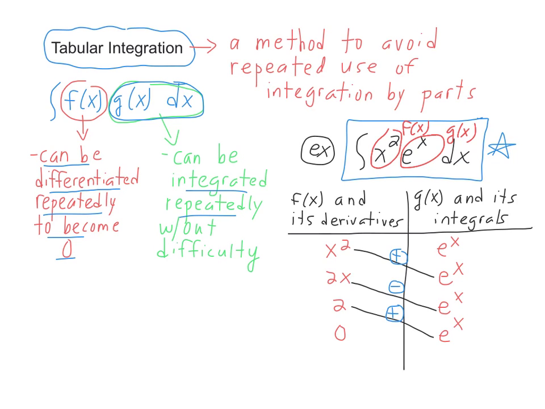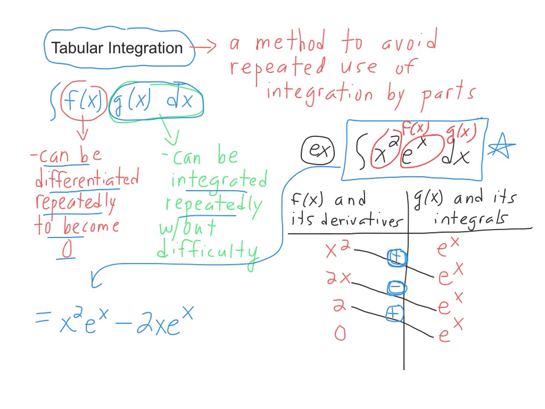So if we are looking to integrate that, our final answer is going to be, well, we have x squared times this e to the x, and it's supposed to be positive according to that. So we're just going to have x squared e to the x. Our next term is going to be minus, and then we have our product of 2x e to the x.